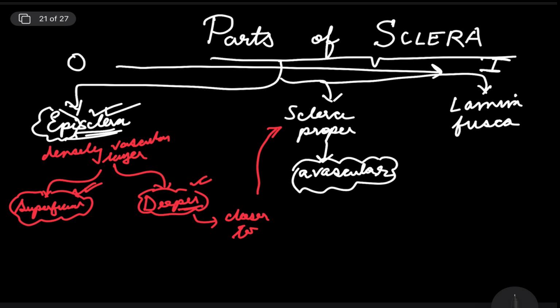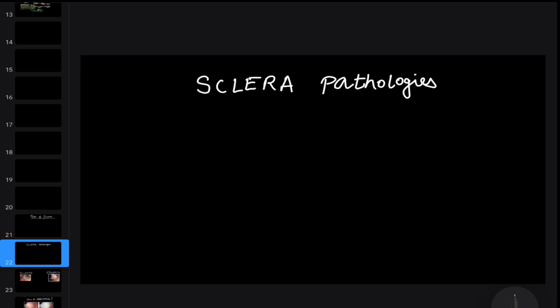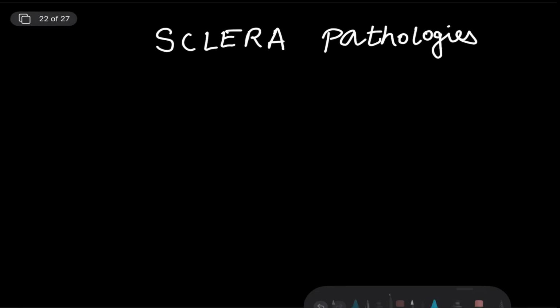Now, based on the arrangement of blood vessels and the way that they are laid down, let's talk about two very important pathologies of the sclera. What are they? Episcleritis and scleritis. Let's write them down first.